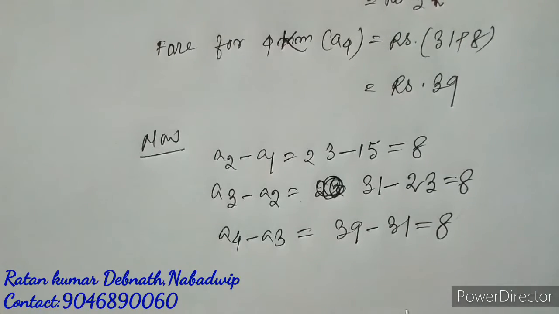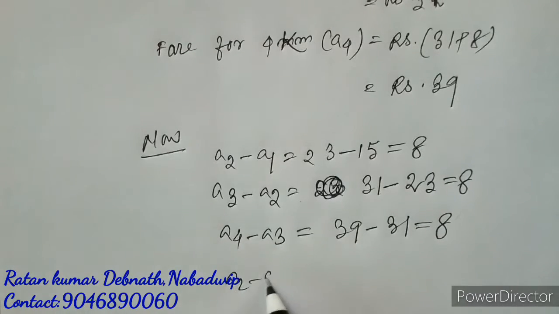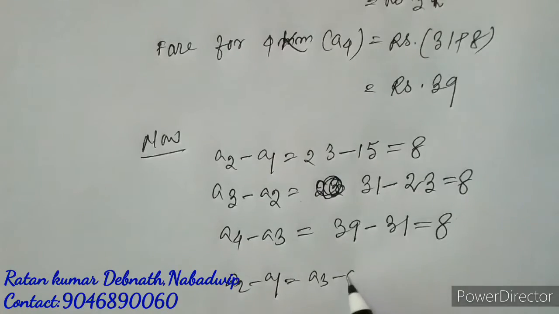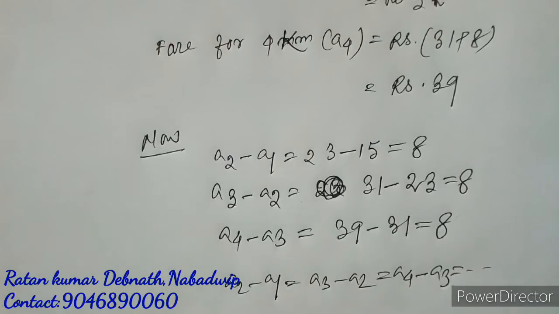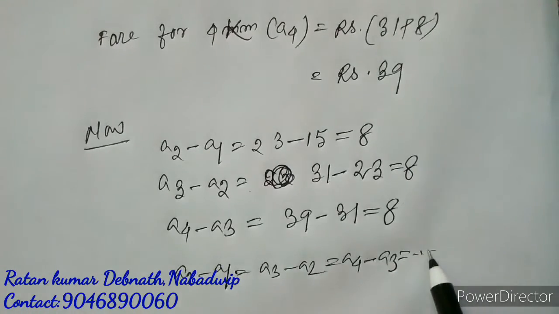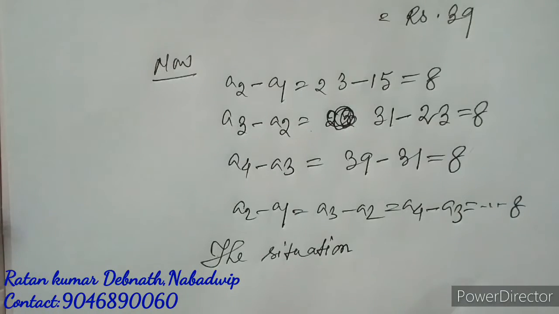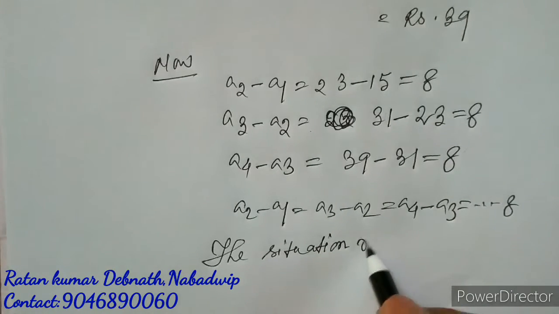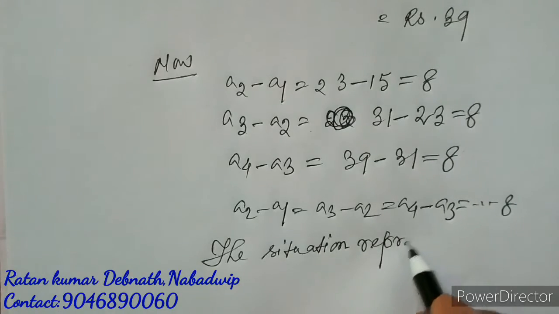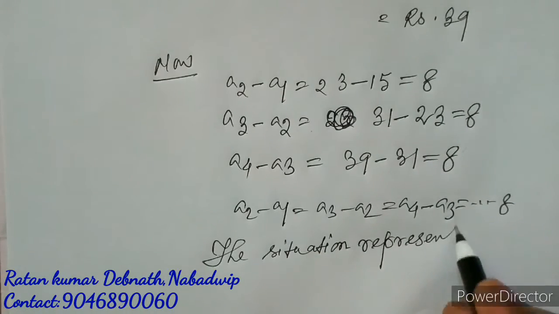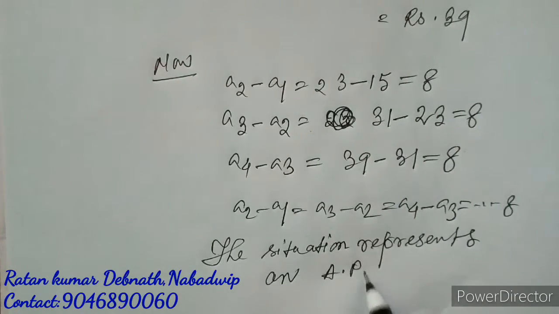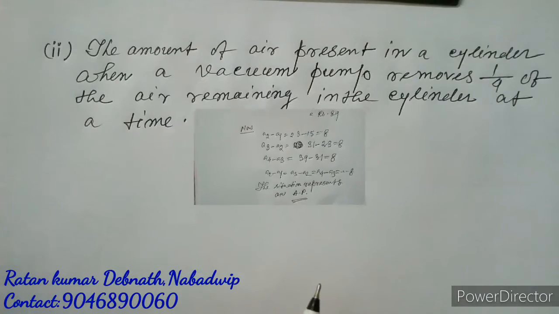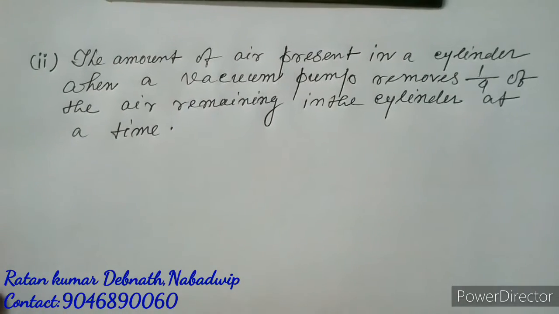So in all the cases differences are equal, that is A2 minus A1 equal to A3 minus A2 equal to A4 minus A3 equal to 8. So we can say the situation represents an arithmetic progression.